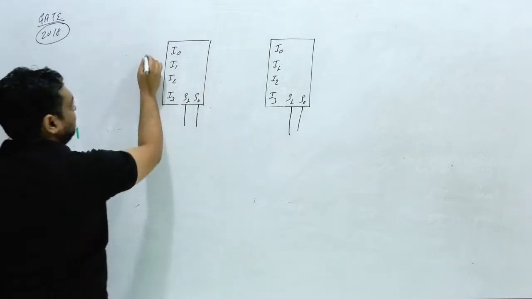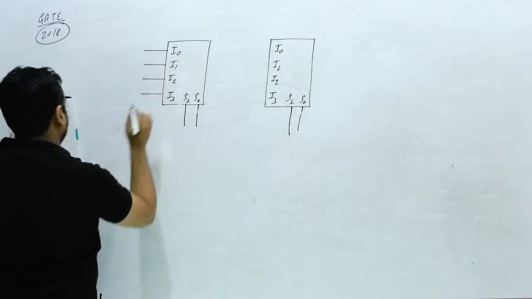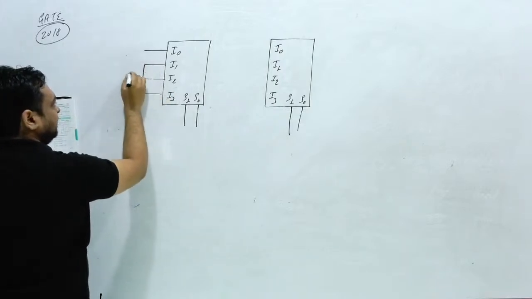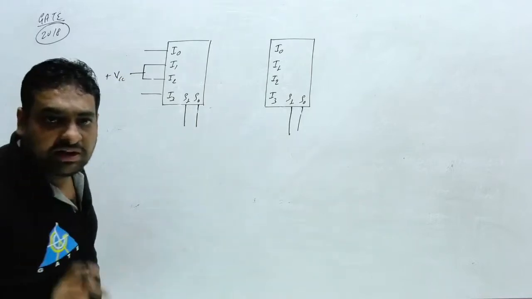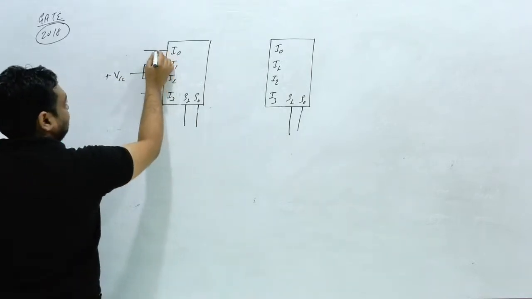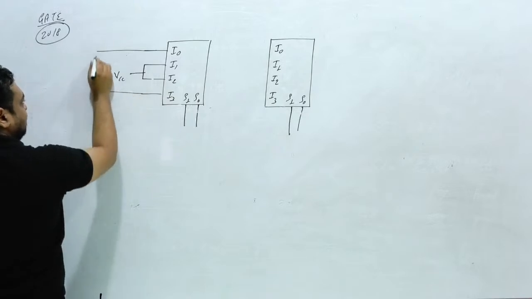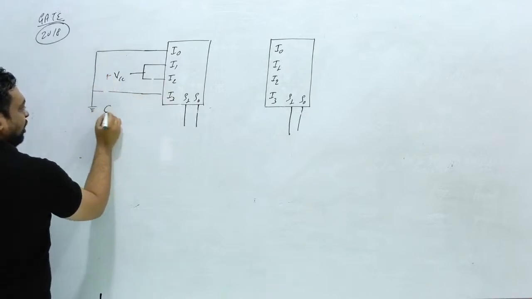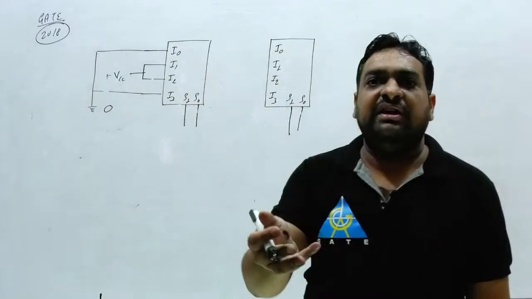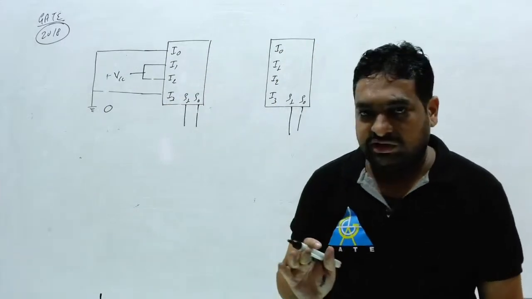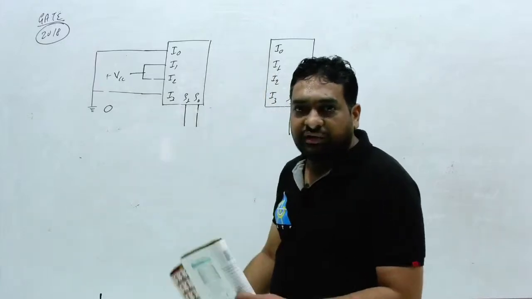Now here 4 inputs: 1, 2, 3, 4. Now these two are connected with VCC. VCC means logic 1, and this I0 and this I3 are connected to ground. Ground means 0. Sometimes they can also provide VDD, plus 5 volt, that is logic 1, and 0 means logic 0.